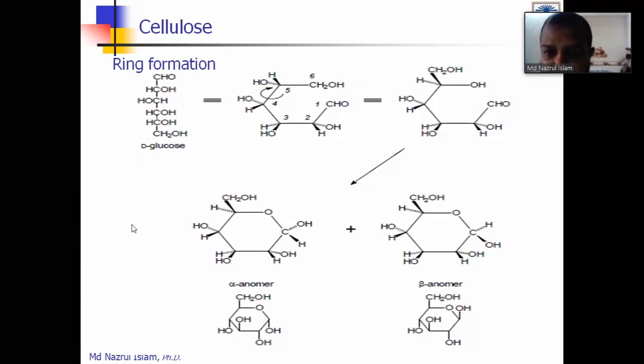And in this structure, in the first figure, you will see CH2OH is on the fifth carbon, the OH is connected with the first carbon through the oxygen, and finally it makes the five-carbon cyclic structure with an oxygen.